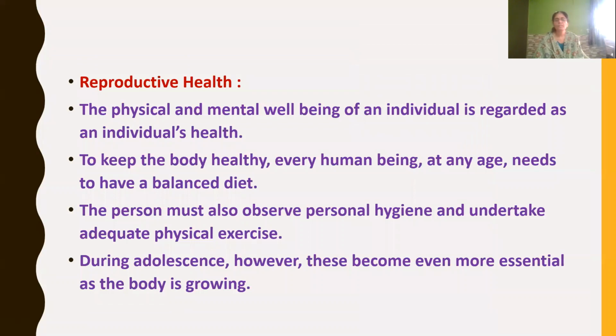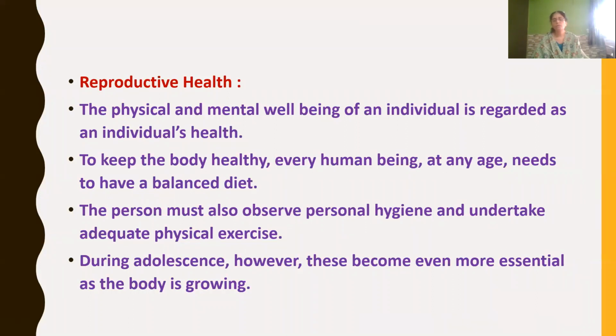The physical and mental well-being of an individual is regarded as the individual's health. What do you mean by health? Health is not only physical but also mental. To keep the body healthy, at any age, we have to have a balanced diet. What do you mean by balanced diet?